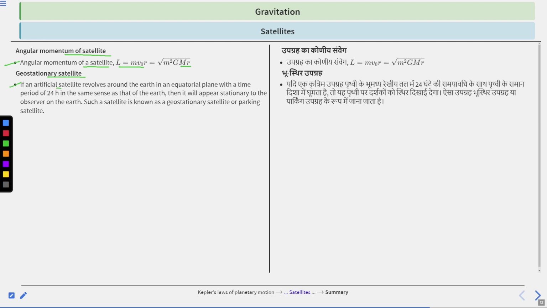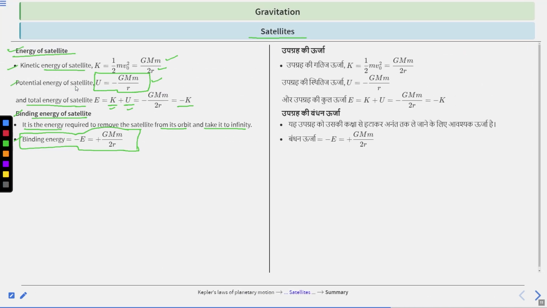If an artificial satellite revolves around the Earth in an equatorial plane with a time period of 24 hours in the same sense as that of the Earth, then it will appear stationary to the observer on the Earth. Such a satellite is known as geostationary satellite or parking satellite. Clear? So there are two: angular momentum of satellite and geostationary satellite. And these are the energies of satellite: kinetic, potential and total energy of satellite.